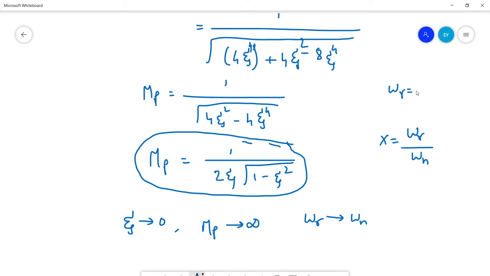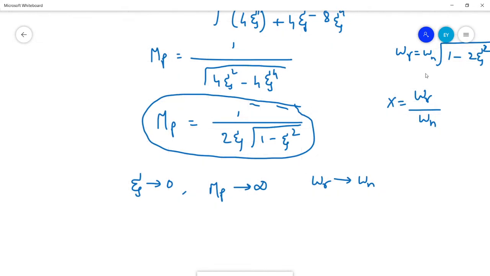Omega r is equal to omega n into square root of 1 minus 2 zeta square. Right? So this is how we get it. Then based on this, omega r tends to omega n if your zeta value tends to 0. If it is 0, omega r is equal to omega n, right? So that's how we get it.